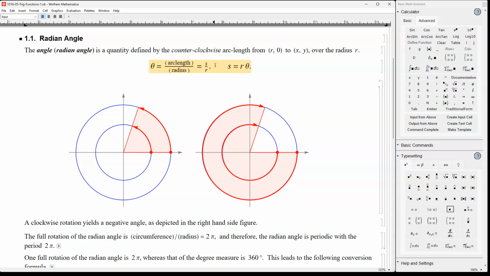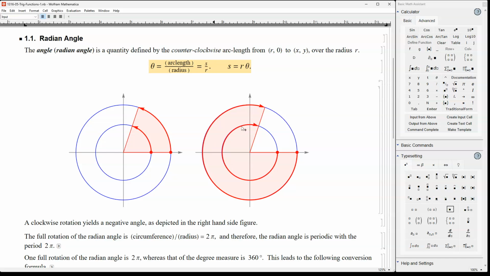With this rule, we start from a point on the positive side, right-hand side of the x-axis, (r, 0), and travel counterclockwise along a circle of radius r centered at the origin. What if I travel clockwise? We're going to get the negative of that angle.